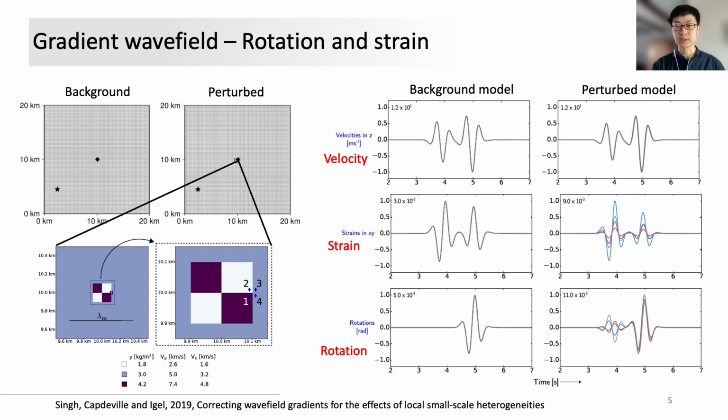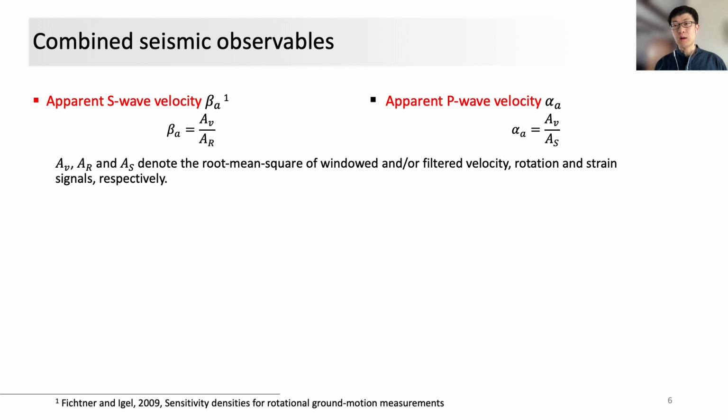proposed localized inversion scheme. Almost a decade ago, even before the emergence of commercial rotational sensors and distributed acoustic sensing for seismic applications, Igel and Fichtner 2009 did some inspiring work on analyzing multiple seismic observables. It has been shown that ratio-based observables have some desirable characteristics.